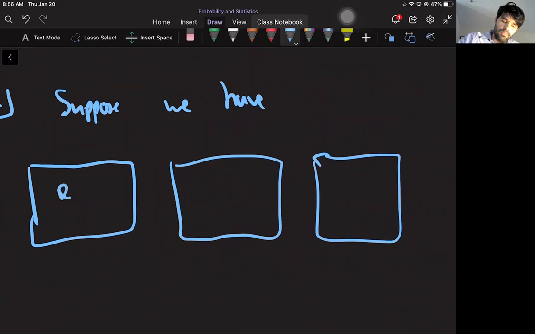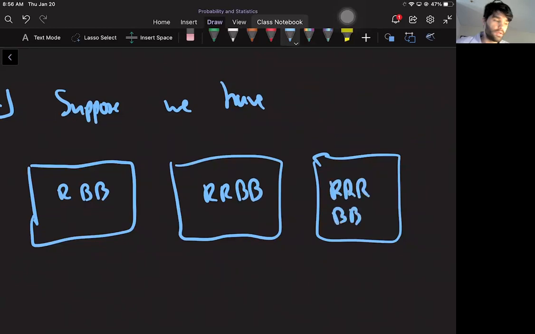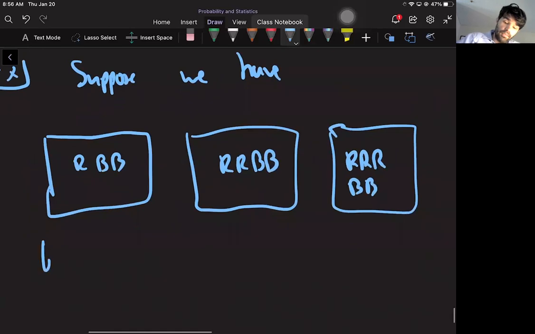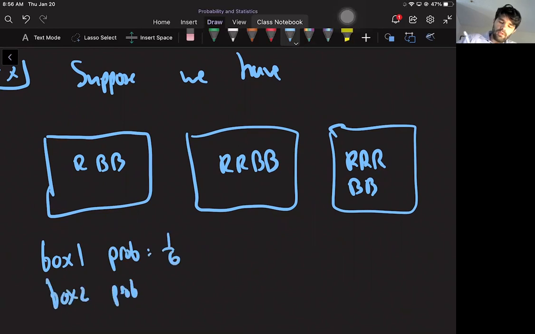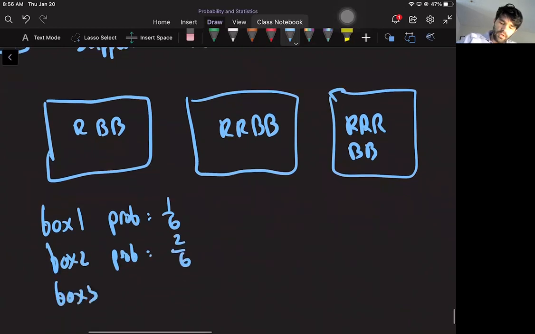Let's do red, blue, blue, red, red, blue, blue, red, red, red, blue, blue. And let's say box 1 has probability 1/6 of being chosen. Box 2 is probability 2/6. And box 3 has probability 3/6 of being chosen.